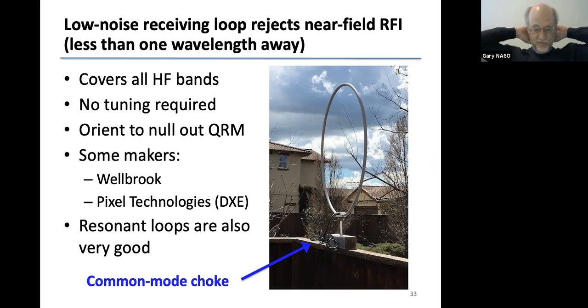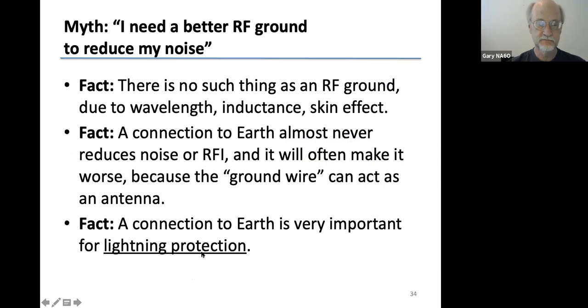But for nearby noise sources, it can be very effective. Resonant loops, some people use resonant loops like an Alex loop or all kinds of different tunable loops that can also be used as transmitters. And those are also very good in terms of reducing local QRM. Note that I have a common mode choke right here on the feed line so that the noise on the feed line doesn't get onto my low noise antenna.